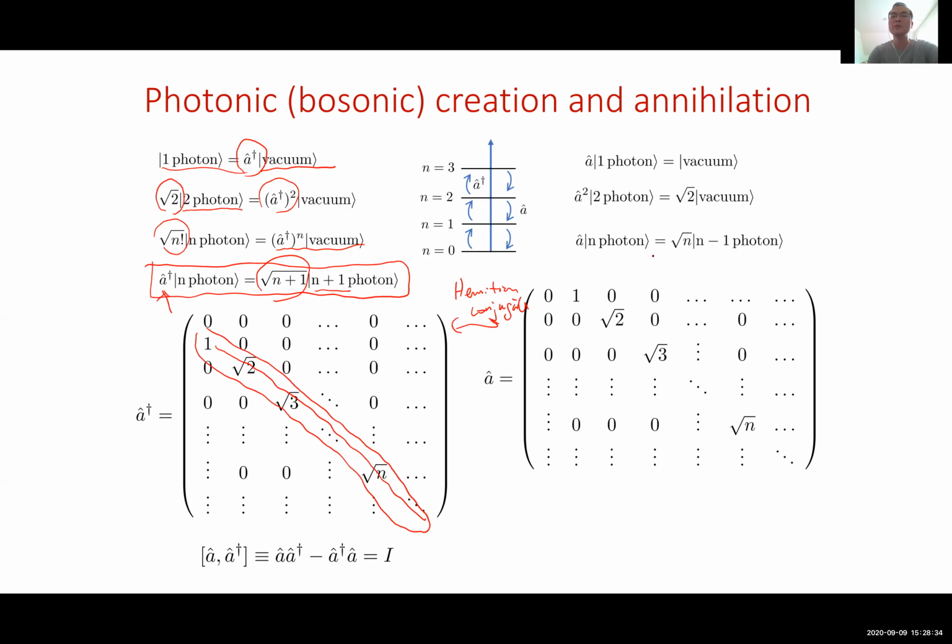So what you need to remember is that if you lower the n photon state, it becomes n minus 1, but the coefficient is square root of n. So basically that's this.